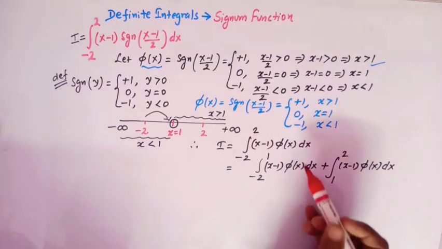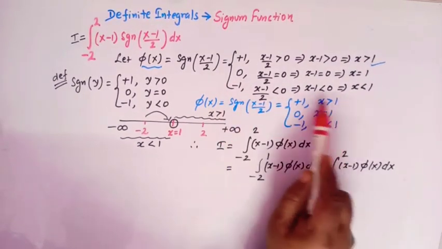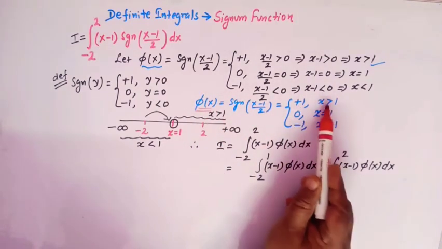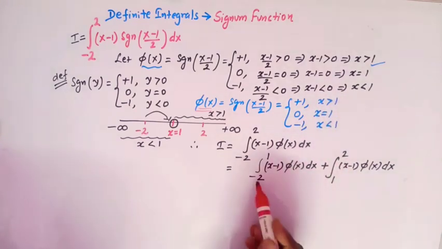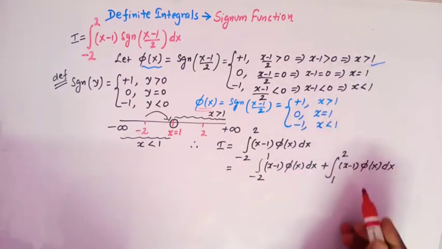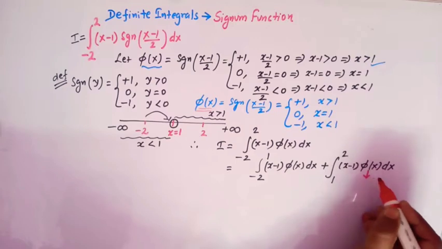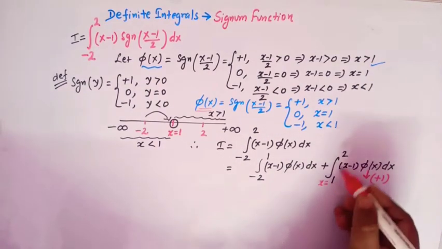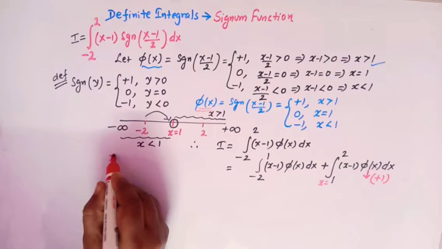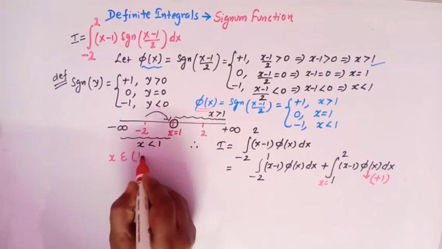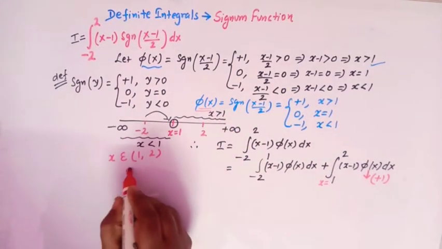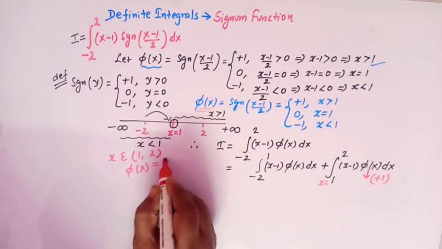Let us once again go to our definition. Phi of x is equal to plus 1 when x is greater than 1. Here x varies from 1 to 2, so obviously phi of x is equal to plus 1.